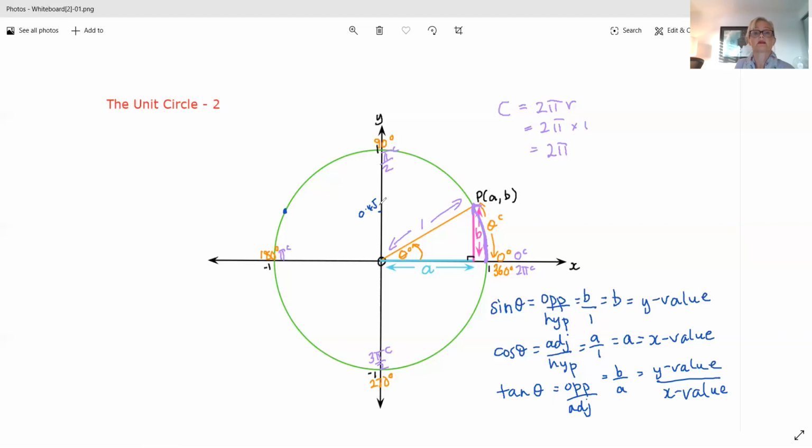Because it's a little bit less than halfway between 0 and 1. Your cos is really asking the X value. So we're down here, about what, negative 0.9 or something like that at that particular point. And your tan is always going to be your Y value divided by your X value, or you can also think of it as your sine divided by your cos.